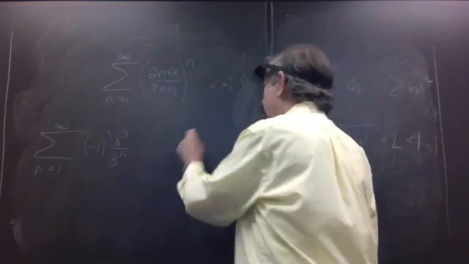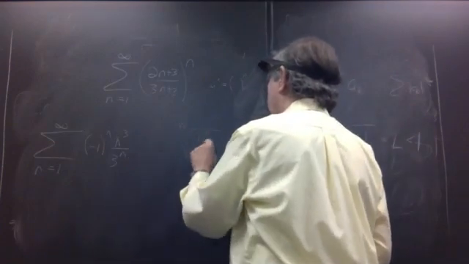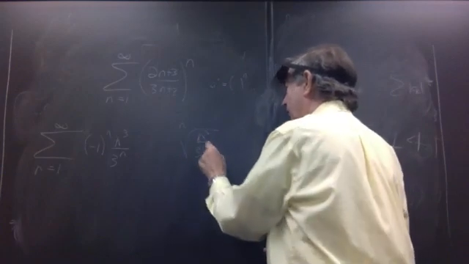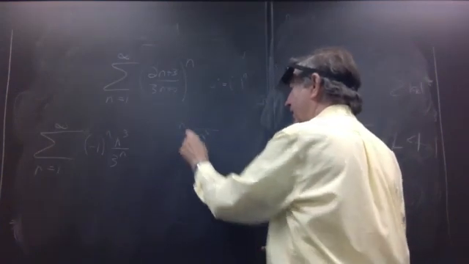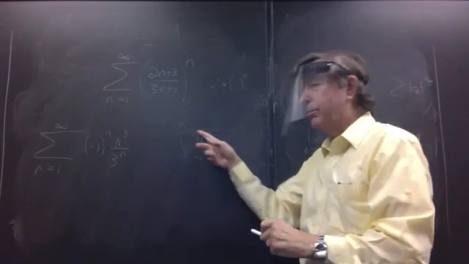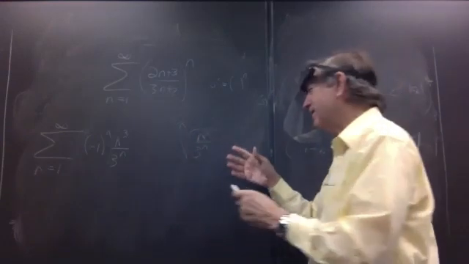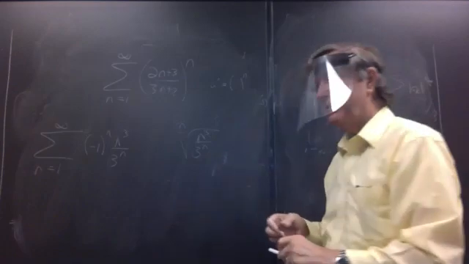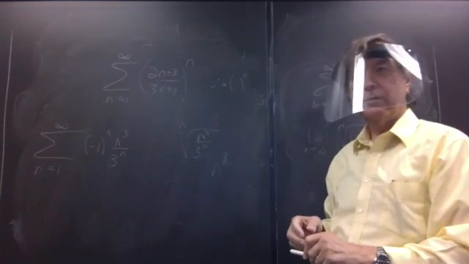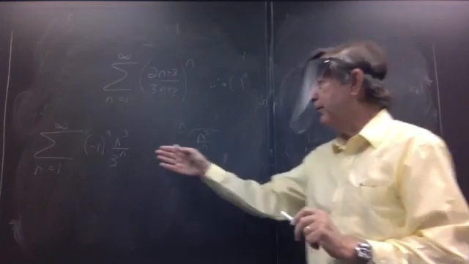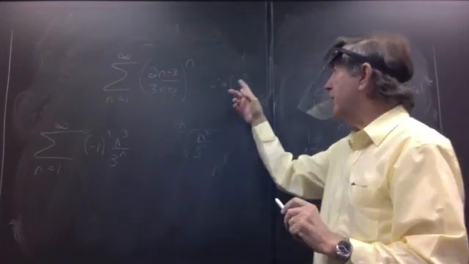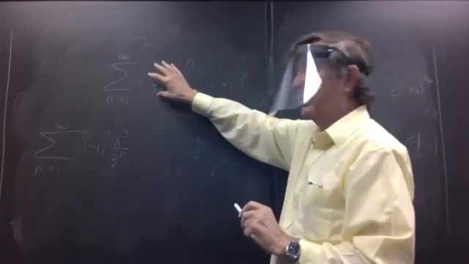I want the nth root of n cubed over 3 to the n. Well, the 3 to the n might be a candidate, but the n cubed, that's n to the 3 over n. I'm not sure I like that one. Do you understand? I might use the root test on this one, but it's worse. The root test on this one's easy. It's just these things here.